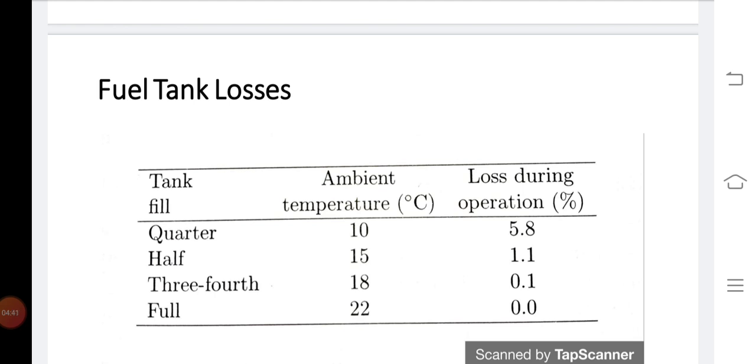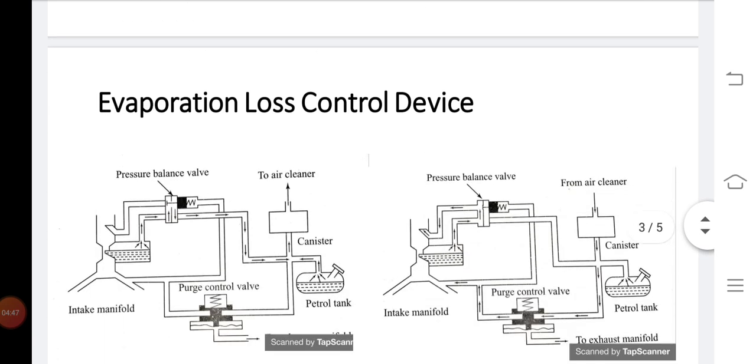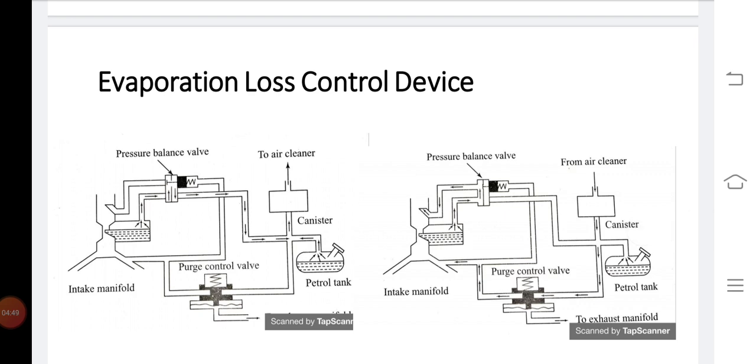Now, the evaporation loss control device. How do you control your evaporation loss? This control device aims at controlling all evaporative emissions by capturing the vapors and recirculating them at the appropriate times.